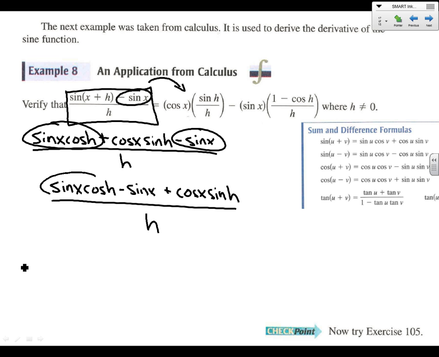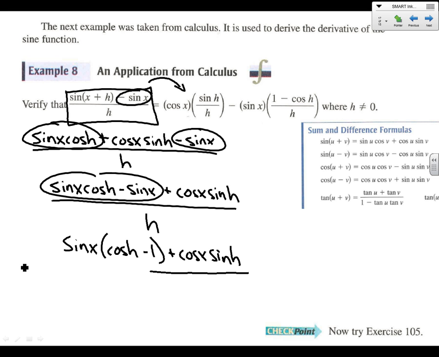And notice here, if we take these two, we can pull a sine x out front. So we'd have sine x cos h minus 1 plus cos x sine h all over h. Okay? And so then, if we look at this, we're going to start to match it up with these two pieces.